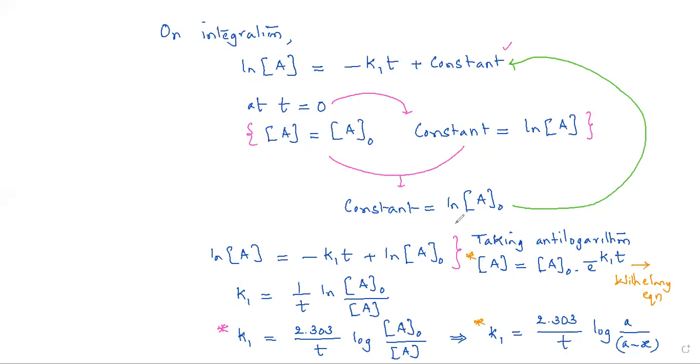Okay. Just keep it aside. So this is how we can derive the rate constant expression for the first order reactions.